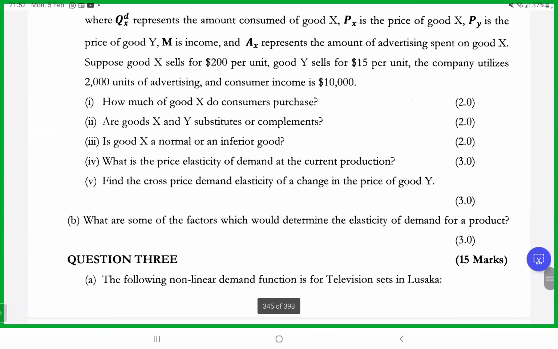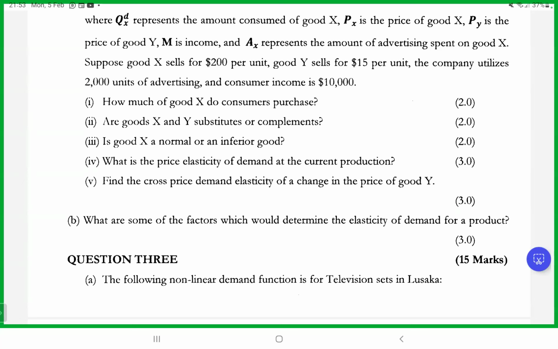Let's pick the other question now. The other question is saying, what is the price elasticity of demand at the current production? Wow. What do you think the elasticity of demand is? Oh, this is the price elasticity of demand. I like this one.